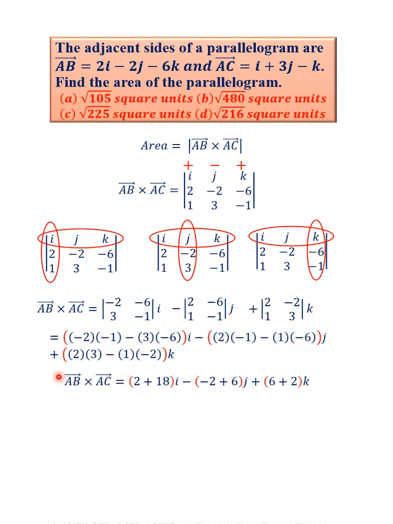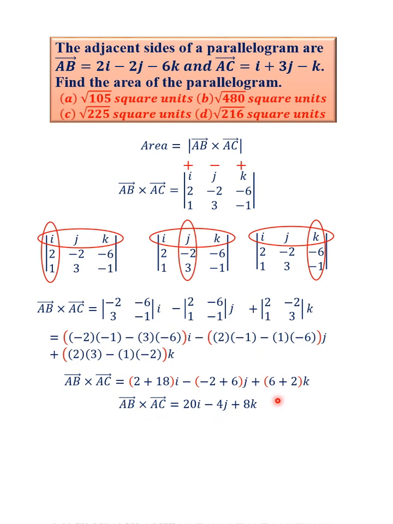Finally, plus 2 times 3 is 6, minus 1 times minus 2 gives us plus 2, and then your k. Simplifying further, AB cross AC equals 2 plus 18 is 20i, minus 2 plus 6 is 4, so with the negative it becomes minus 4j, and 6 plus 2 is 8, so plus 8k.